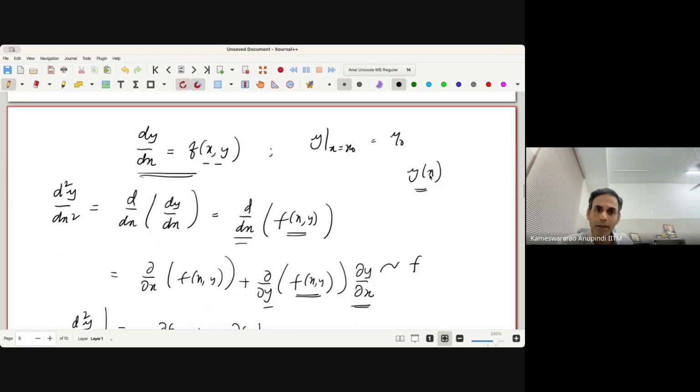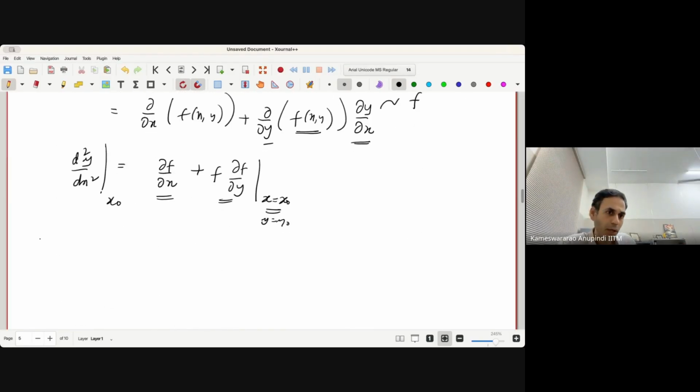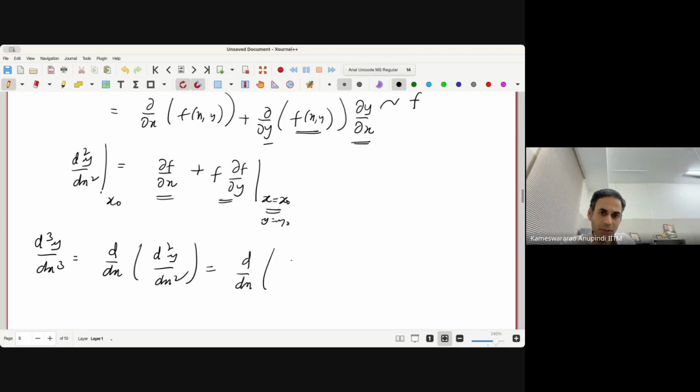Then how do we calculate d cube y by dx cube? Essentially we have to apply a similar chain rule and obtain the remaining term. So this is going to be d by dx of d square y by dx square. We just derived this as partial f by partial x plus f times partial f by partial y.